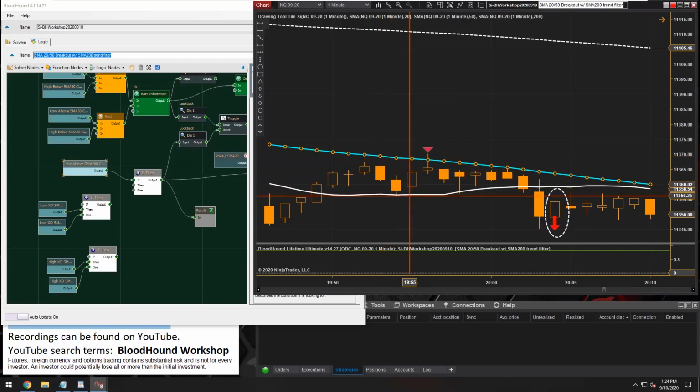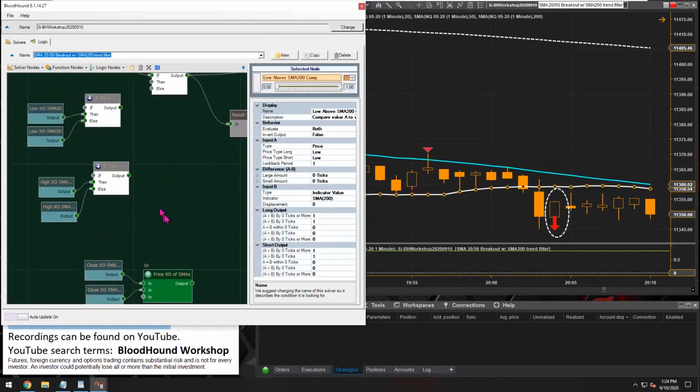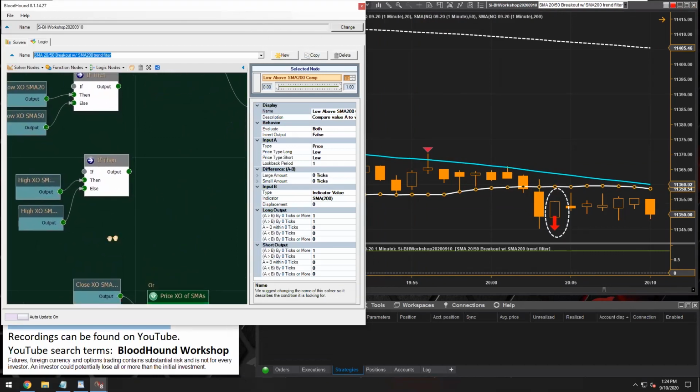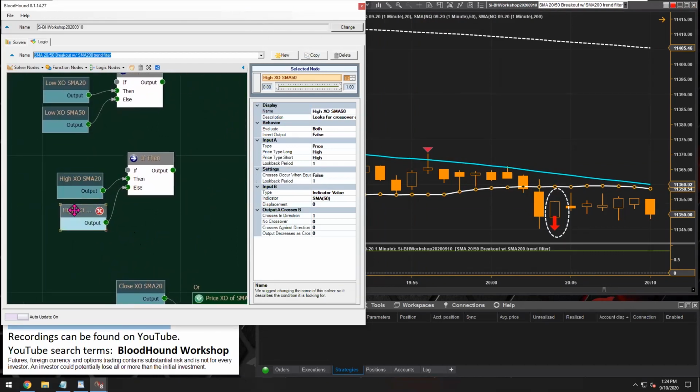If the 20 is below the 50, then I know that, if we zoom in here, I only want the output from the high crossing the SMA 20, and I'll ignore the SMA 50.